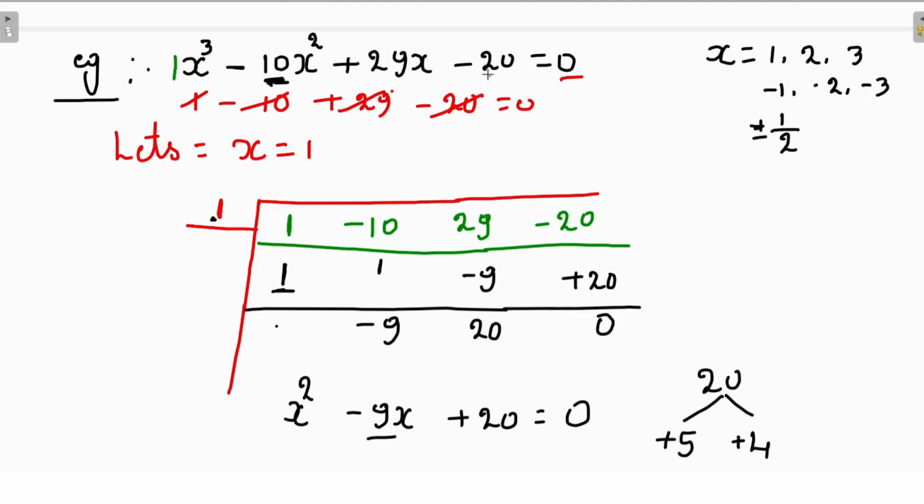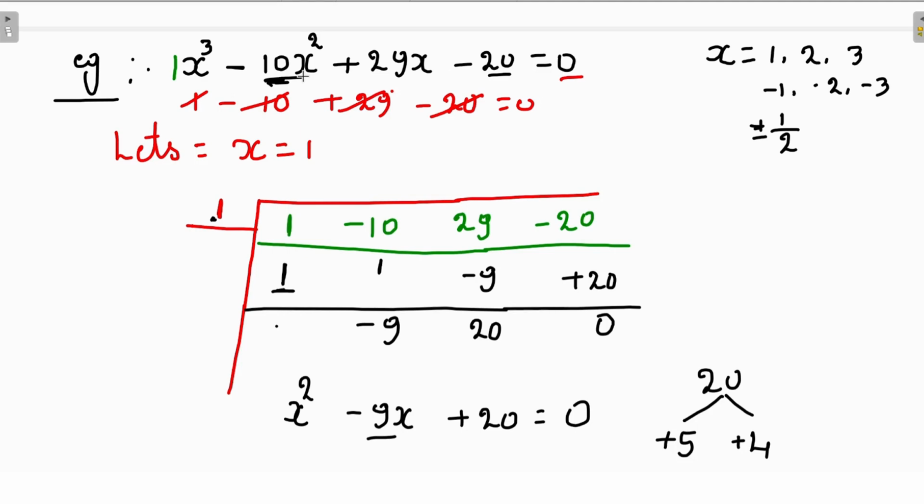If I multiply, I want 20, not minus 20. 1 into 5 is 5, 5 fours are 20, I will get. If I add 1 plus 5, that is 6, 6 plus 4 is 10. Yes, I got it. This is the general way of solving these equations.